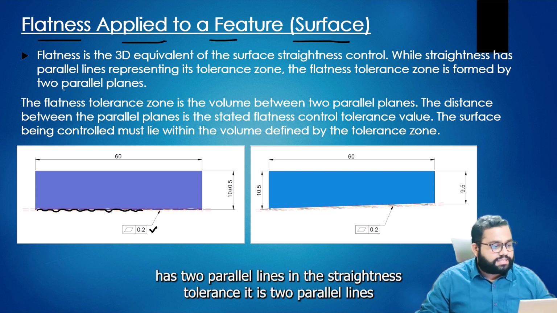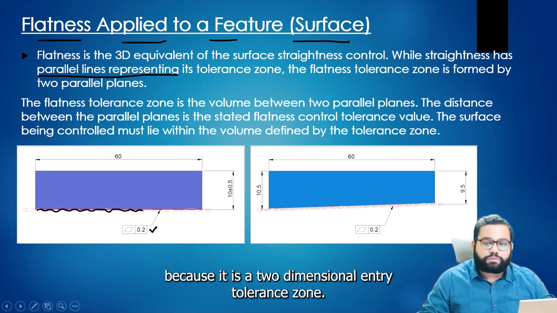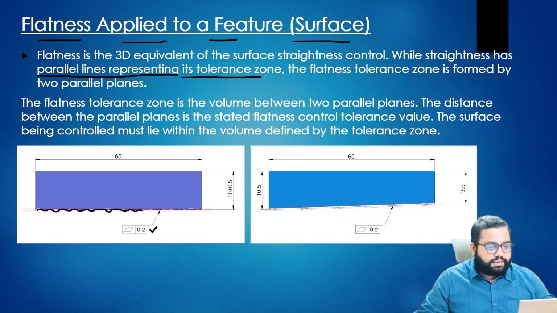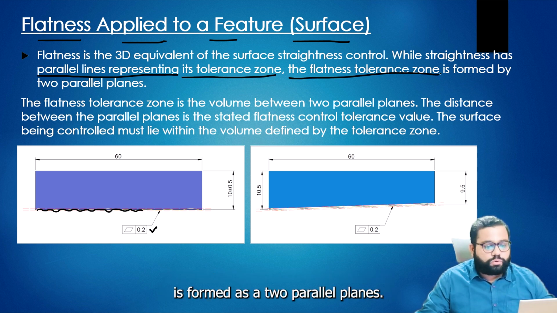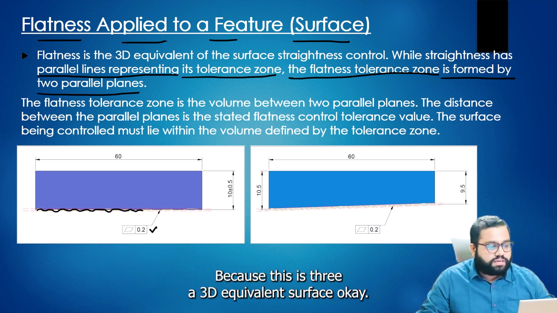While straightness has two parallel lines in its tolerance zone, because it is a two-dimensional entity, in this case the flatness tolerance zone is formed by two parallel planes, because this is a 3D surface.